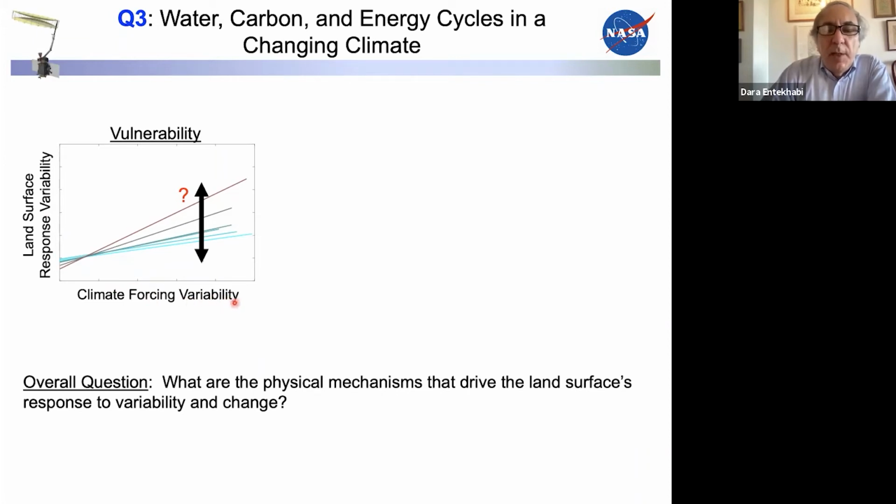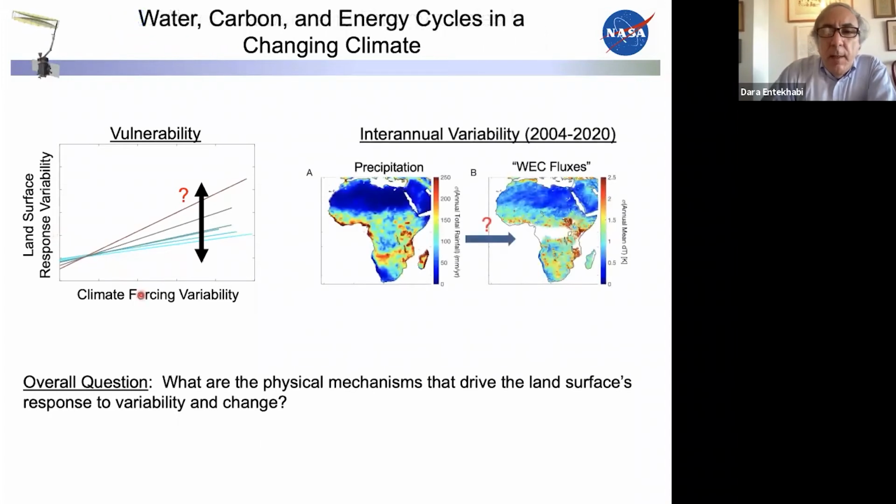So the more climate forcing variability, like precipitation change, are those necessarily the regions with the largest surface response variability? Surface response is those water, energy, and carbon fluxes. So basically evaporation is the link between them. So we want to know how much evaporation, which affects water, energy, and carbon cycles, changes with climate forcing variability.